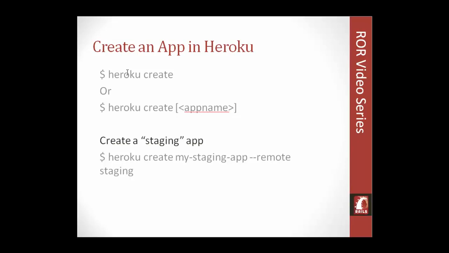So it'll just assign a crazy name to your app. Or you can use heroku create and then create the name, which I don't know why we didn't do that in the first place. And it also allows you to create staging apps if you want to have a staging site too. So you would just do heroku create and then the name and then remote staging.